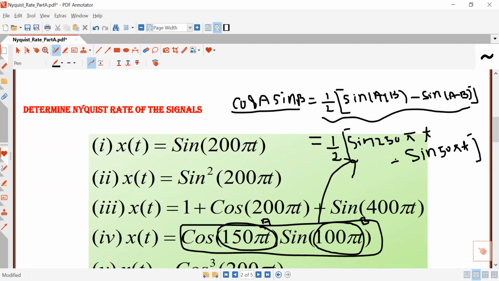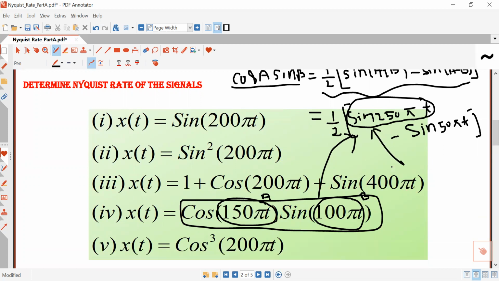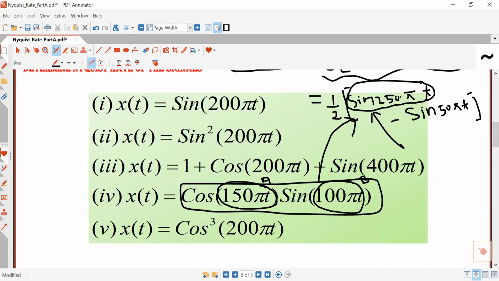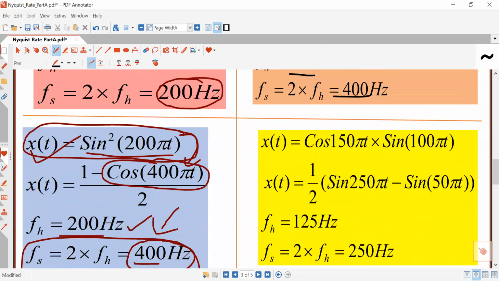and from this expression you can find the maximum value of the frequency which exists in this signal. You can find it from this term. Obviously here 2 pi f is 250 pi, so the highest frequency will be 125 Hz, and twice of this will be the Nyquist rate. So I have solved this problem here.